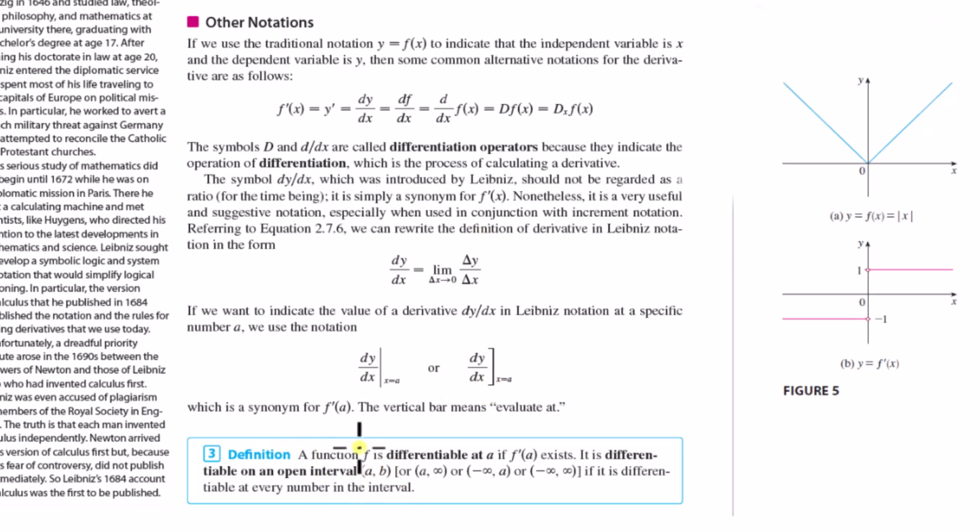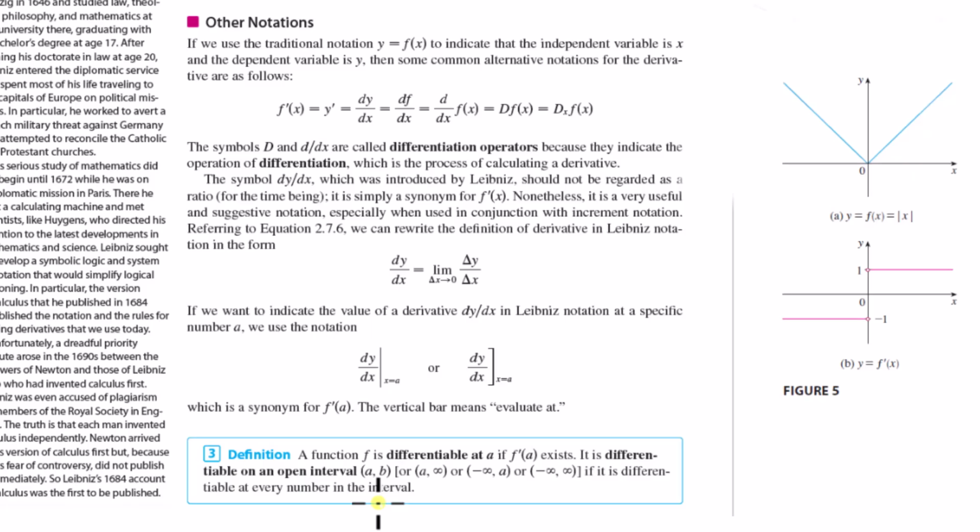Okay. Now, let's talk about differentiability. A function f is differentiable at a if f prime of a exists. It is differentiable on an open interval from a to b, or an open interval from a to infinity, or from minus infinity to a, or from minus infinity to infinity, if it is differentiable at every number in the interval.